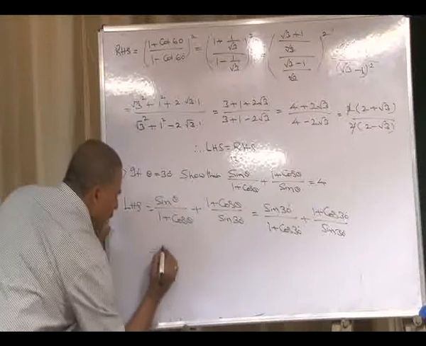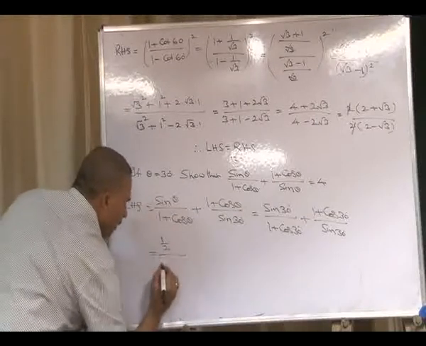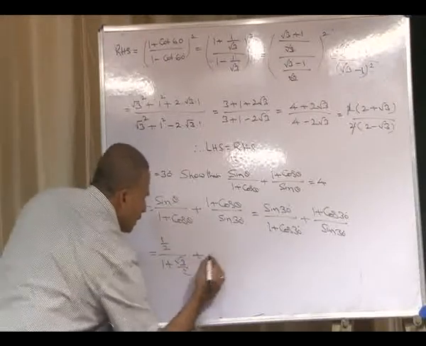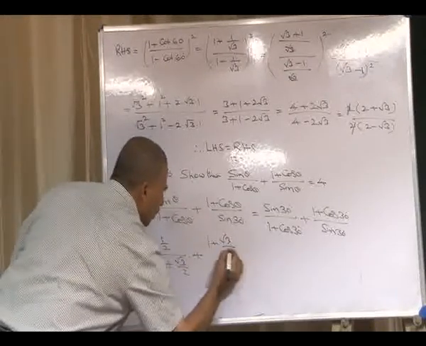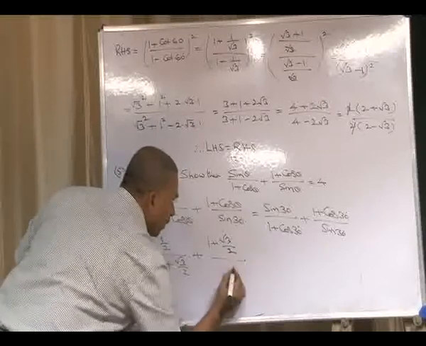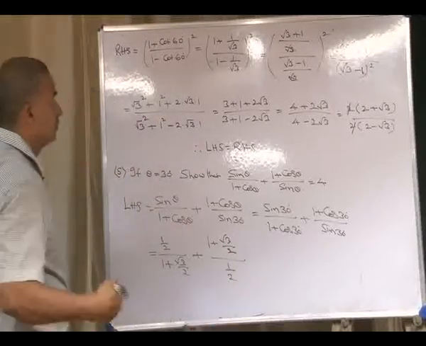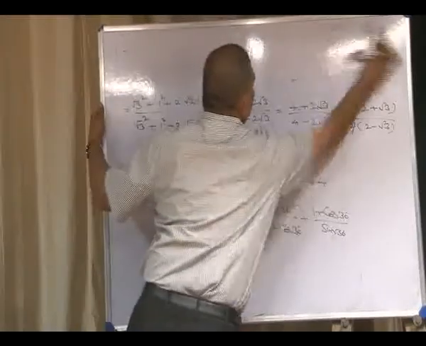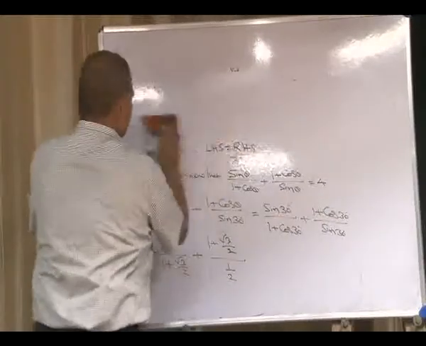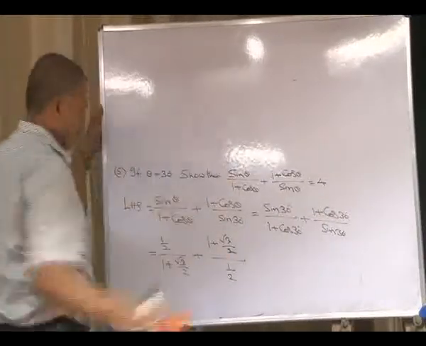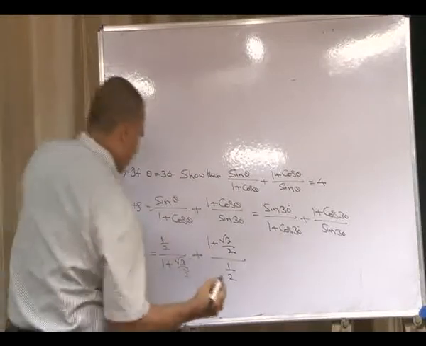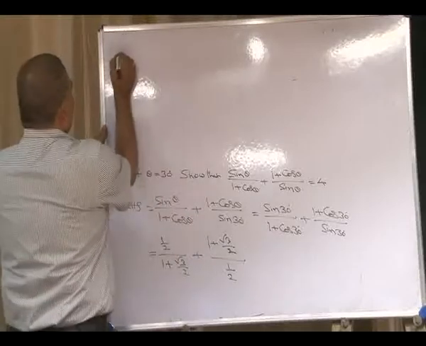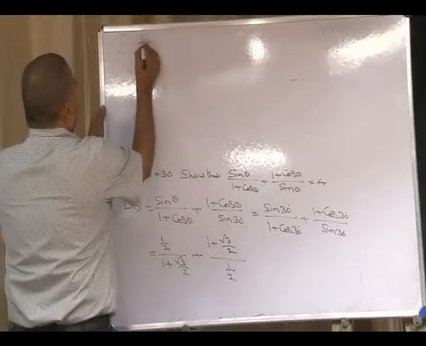Sin 30 value is 1 by 2 by 1 plus cos 30 is root 3 by 2, plus 1 plus root 3 by 2 by sin 30 is 1 by 2. That is equal to 1 by 2.